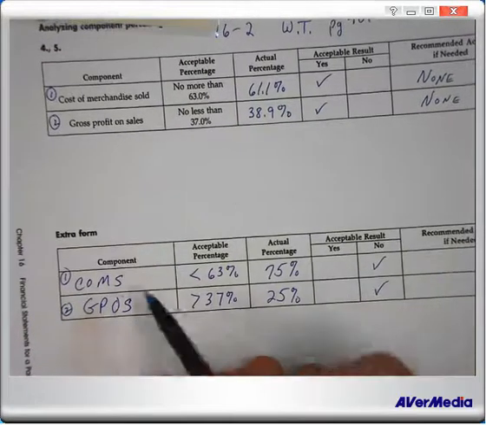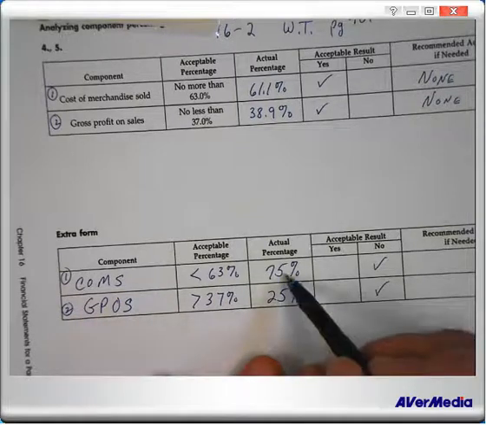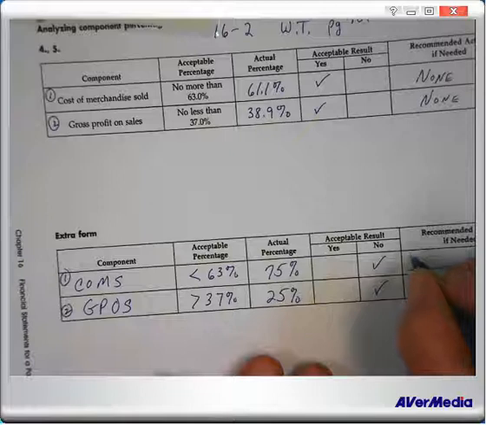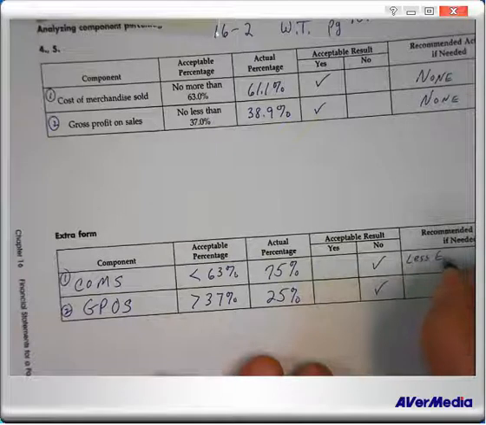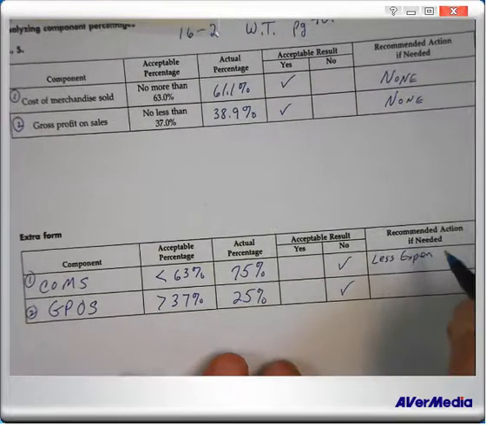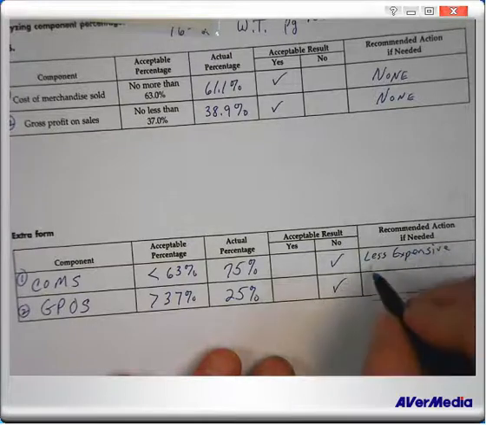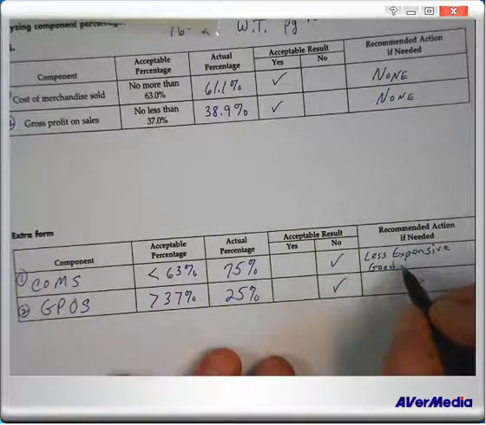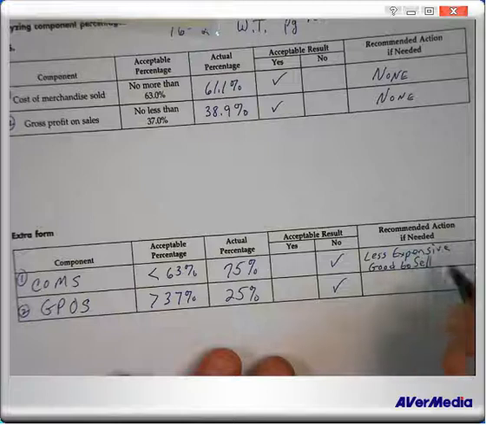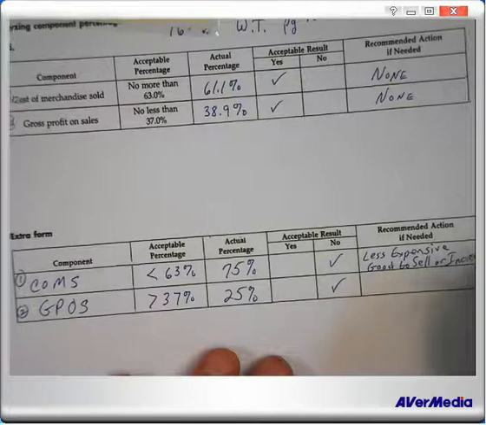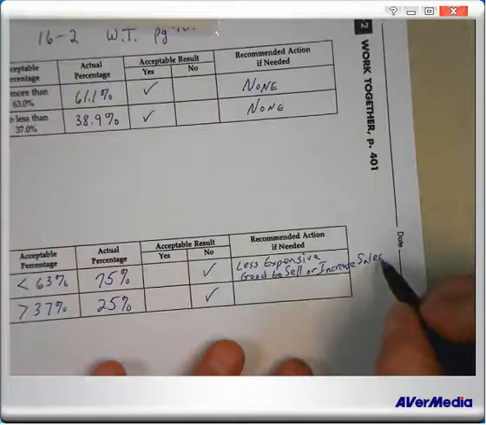Well, if our cost of merchandise sold is 75%, it should be less than that. The thing we need to do is find less expensive goods to sell for the same price, or increase the sales price.